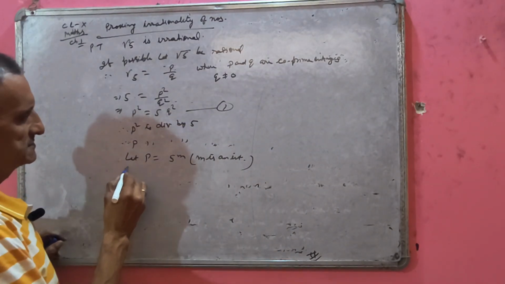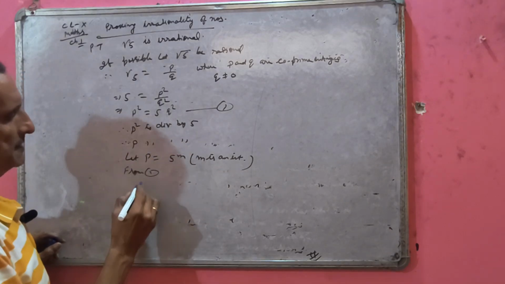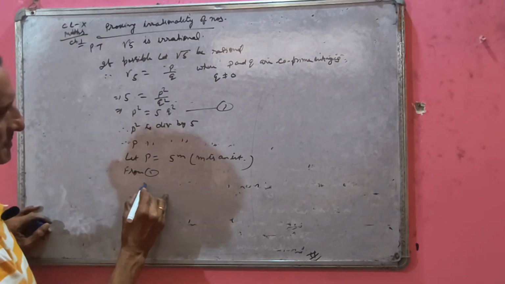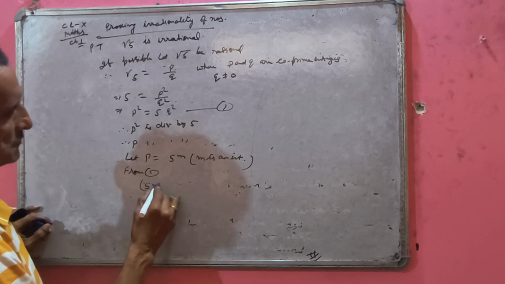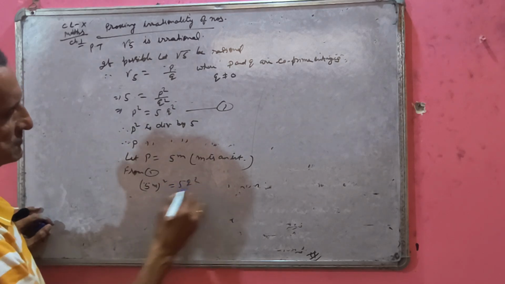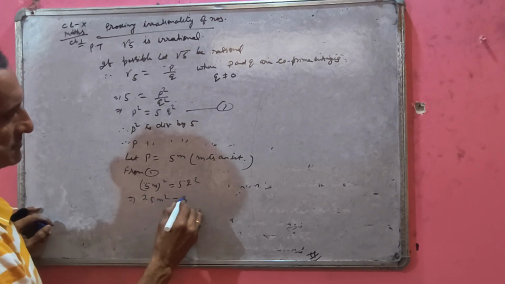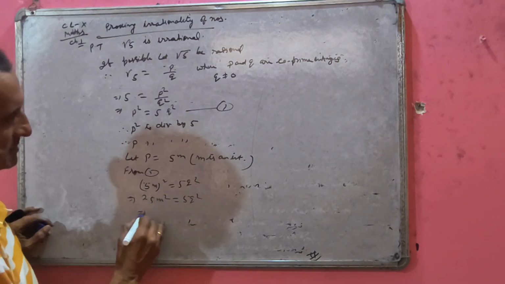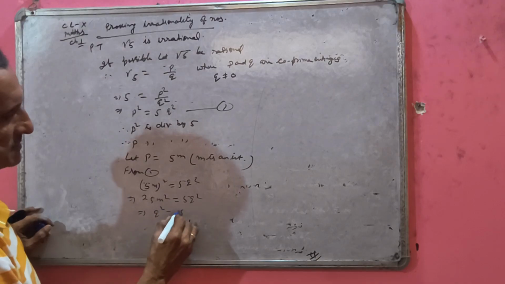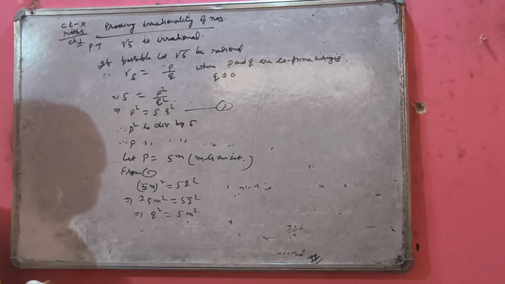Now from 1, in a similar way, exactly, from 1, replace p by 5m. So what you will get? 5m whole square, replace p by 5m, equal to 5q square. This is 25m square equal to 5q square. What you will get? q square equal to 5m square. What you understood?